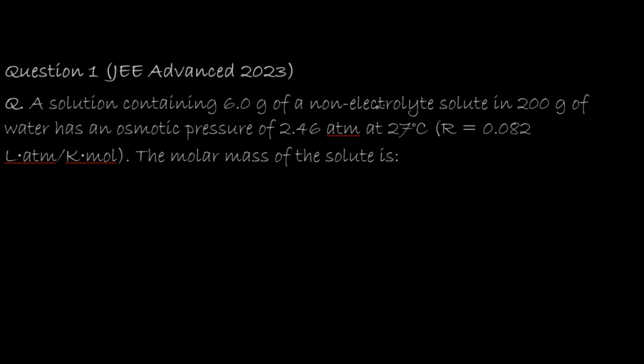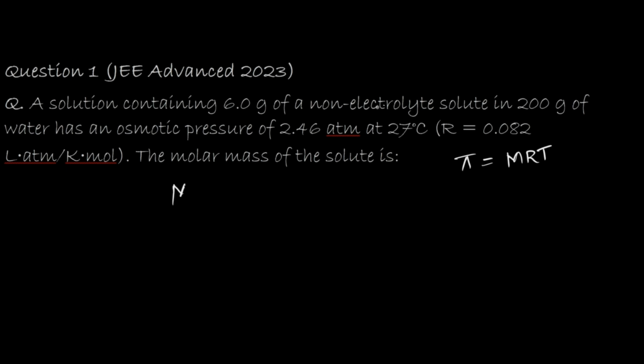The R value is given in liter atm. Our aim is to find the molar mass of the solute. The problem is related to osmotic pressure. So what is the formula for osmotic pressure? Pi is equal to mRT, isn't it? Here m stands for molarity, R for gas constant, T for temperature.